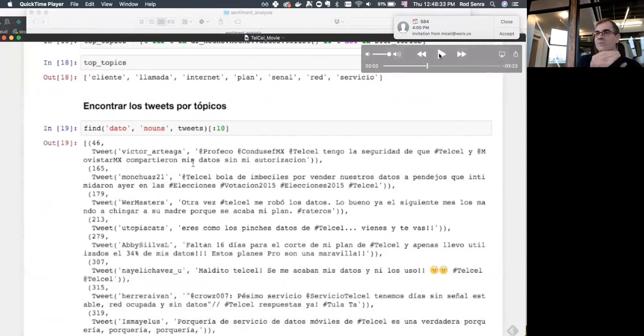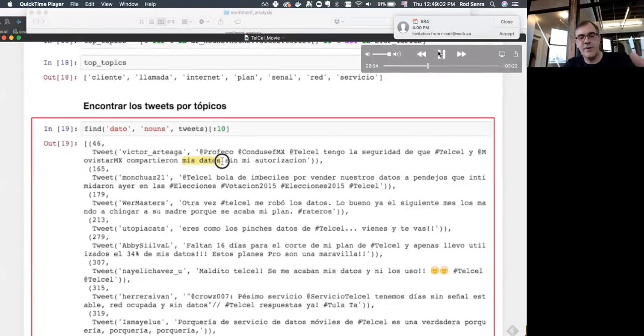So now we identify the topics. We want to know, are they talking about some good or bad thing regarding the signal or the network or the quality of the call, and so on. So these are just some examples. Now I can use my tweets database as a database, and I can do queries looking up these particular nouns.